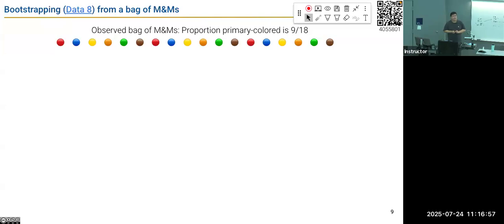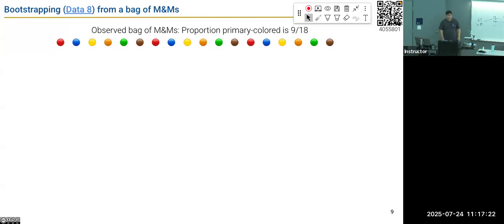There are 18 M&Ms in it. And say I'm interested in the proportion of M&Ms that are primary colors: red, green, and blue. In this bag of 18 M&Ms, I see 9 M&Ms with a primary color.